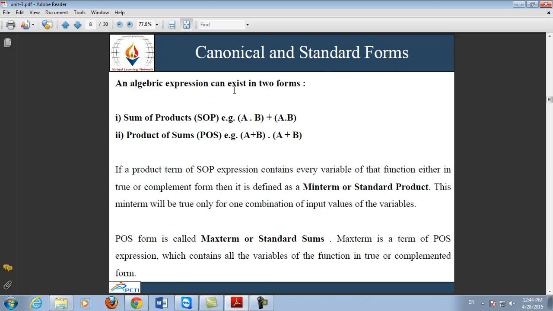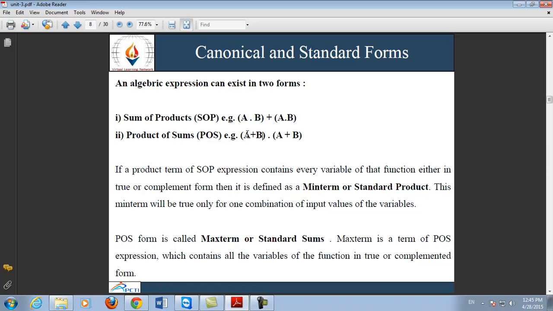Now there are two forms basically, that is sum of product and product of sum. Sum of product is also known as min term, and product of sum is also known as max term. You can see here, sum of product means first of all we will find out the product, and if we do the sum after finding out the product, this is known as sum of product, or you can say min term.